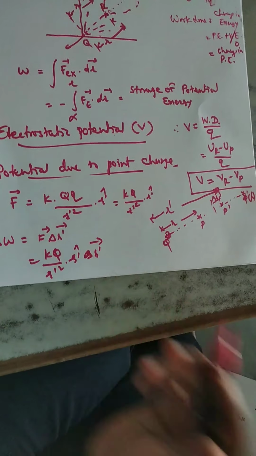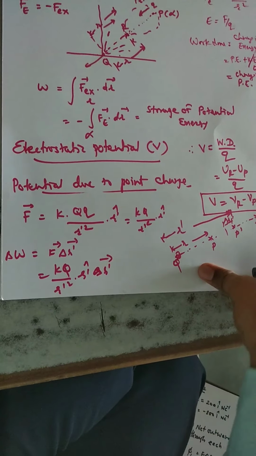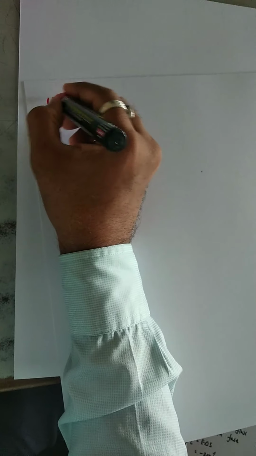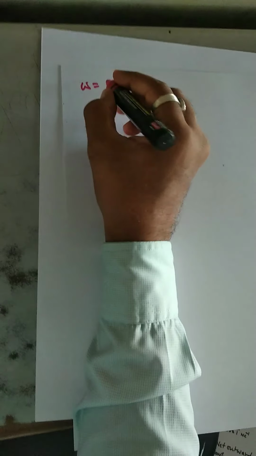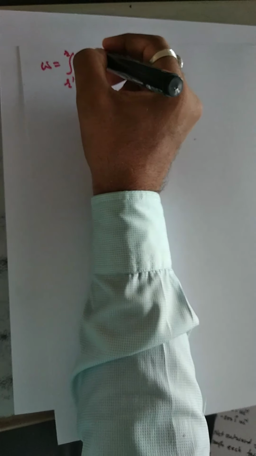So this is the equation of work done for a small displacement. So the total work done, from bringing this charge from r dash to r, I will consider in terms of integration from r dash to r.